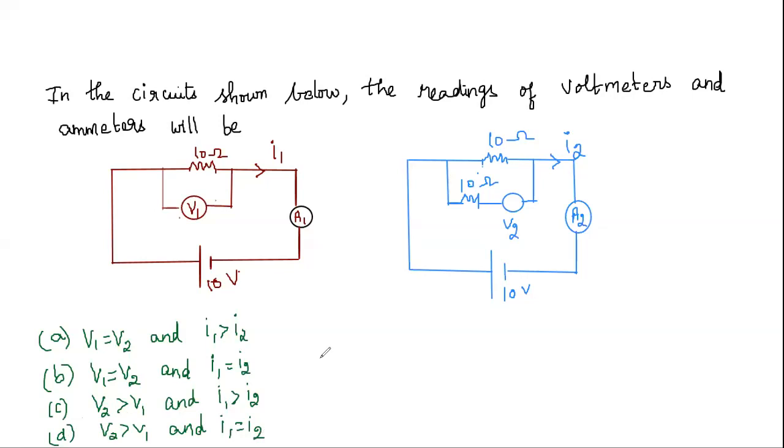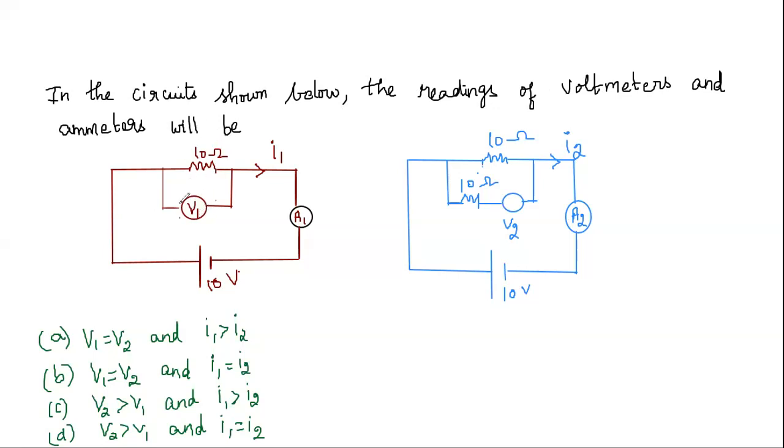I think the question is clear to you. Can you understand the question? In the circuit shown below, the readings of voltmeters and ammeters will be. Here you have the voltmeter V1 and ammeter A1. Here you have the voltmeter V2 and ammeter A2. What are the readings of voltmeters and ammeters? They have asked you to calculate the potential difference across this 10 ohm.